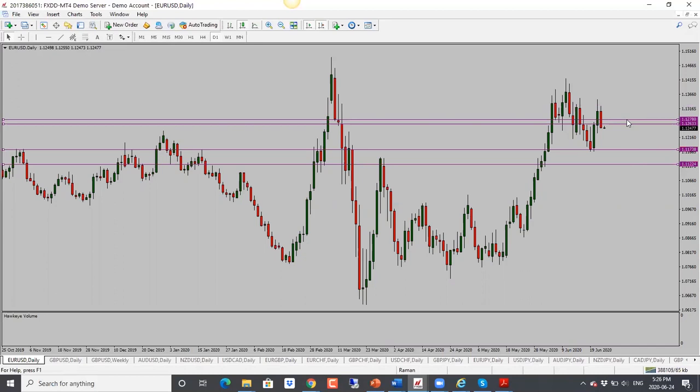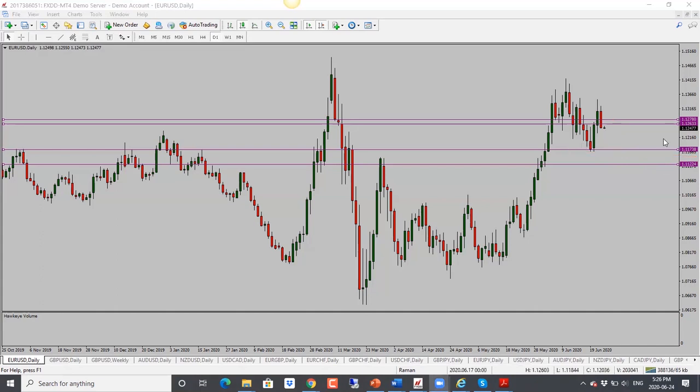In this case I would look for a pullback. So potential pullback level 1.1265 or 1.1280, and then looking for a drop. So bias here is to the downside, and we'll just keep an eye on the pullback levels here.